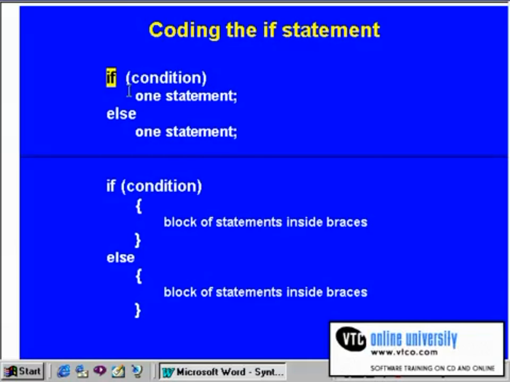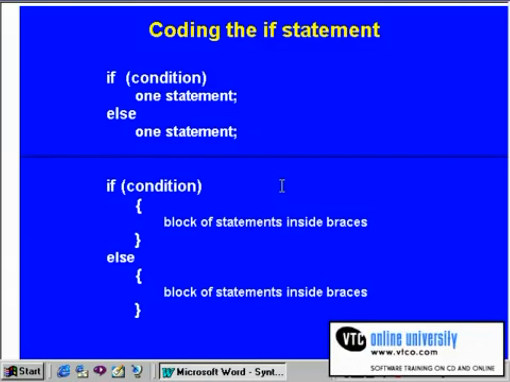If you want to execute one statement and one statement only, if that condition is true, then place that statement immediately after the condition, followed by a semicolon. The else portion of the statement allows you to execute code if the condition being tested for is false. Once again, if you want one statement executed, you can place that statement immediately after the word else, ending in a semicolon.